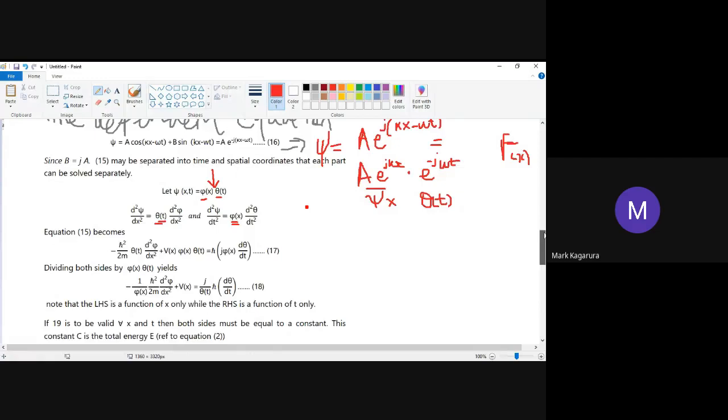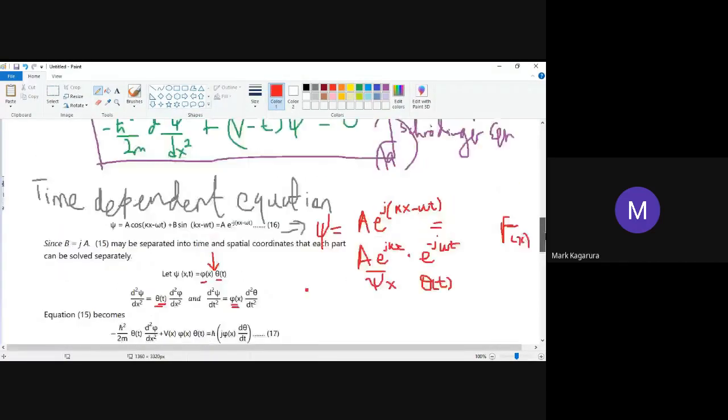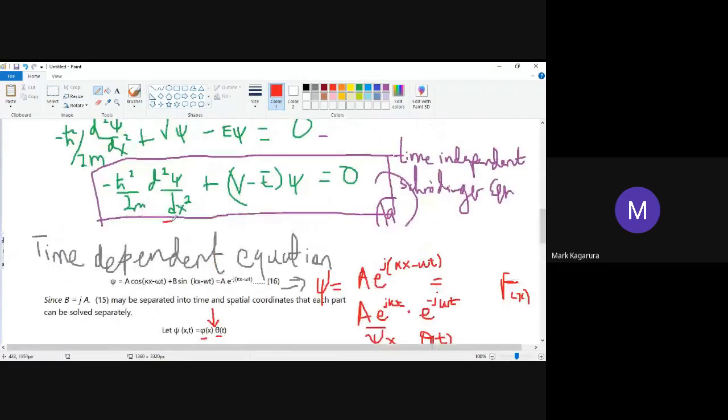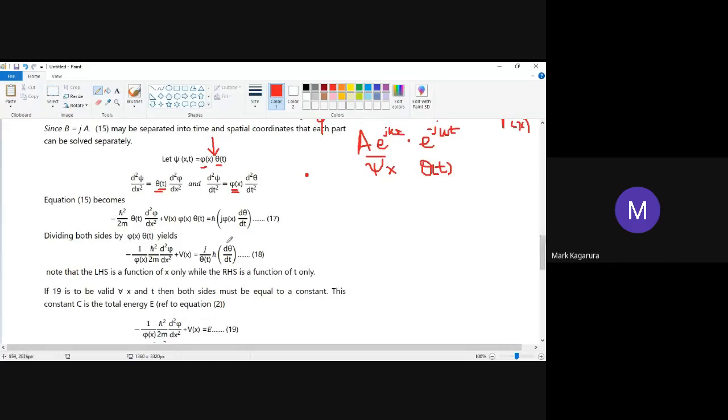So we can get those two derivatives for, remember in the Schrodinger equation, this is a second order derivative, and then energy was first order derivative. But we are going to see that.